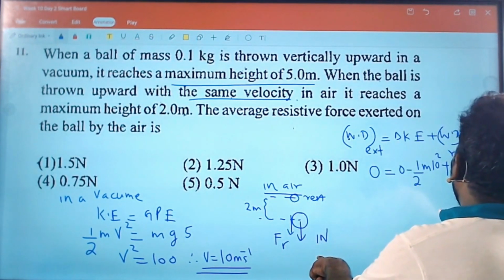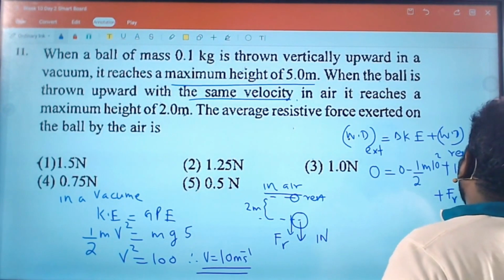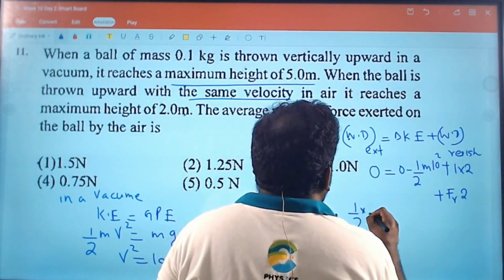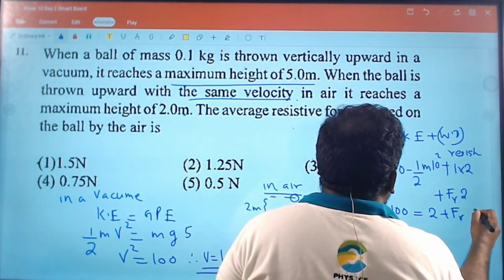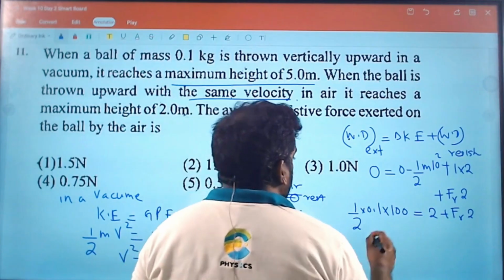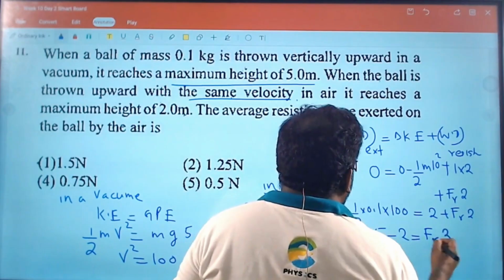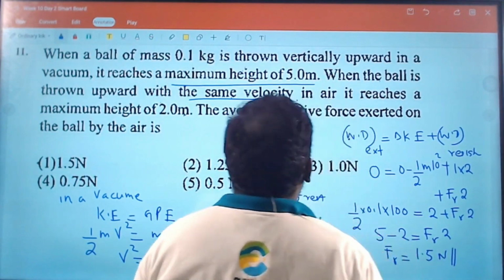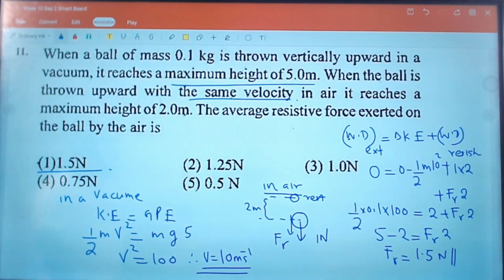Resistive work is work done by weight, 1 times 2, plus friction into 2. Half mass 0.1 times 100 equals 2 plus Fr times 2. 5 minus 2 equals Fr times 2. Friction is 3 over 2, 1.5 Newton. So 1.5 Newtons means answer number 1.